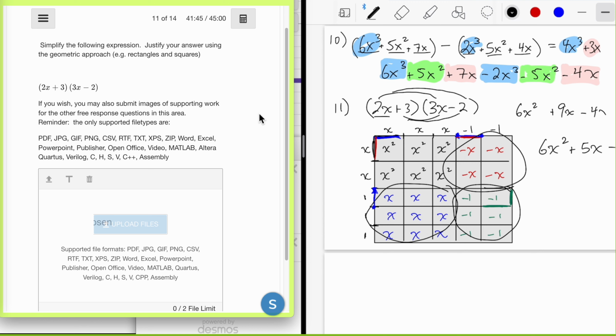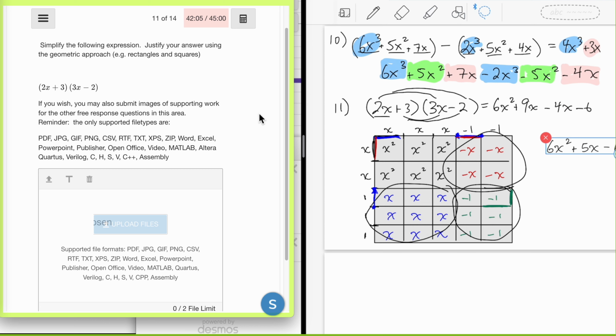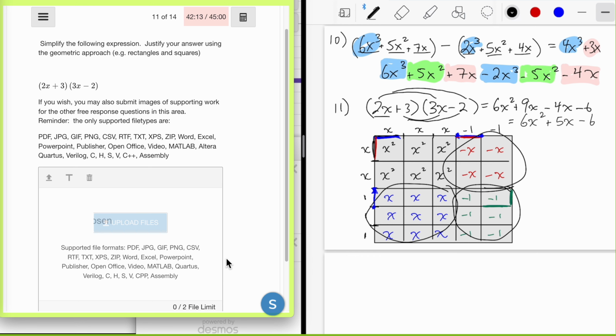Negative 4x somehow becomes minus 4x. Negative 6 somehow becomes minus 6. This geometric approach is the justification for that. It allows us to understand why we're able to do this to begin with. There's value in it. It just doesn't always feel necessary. But that's the idea anyway.